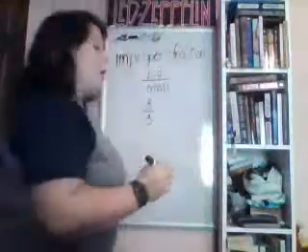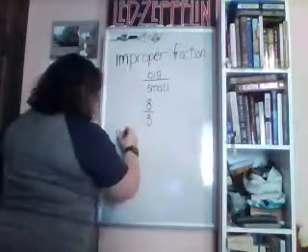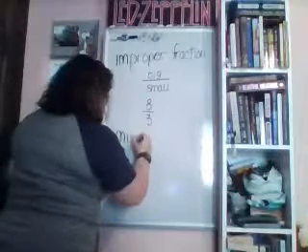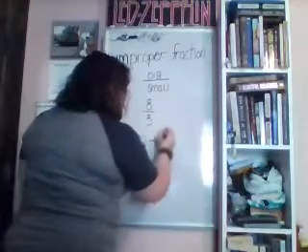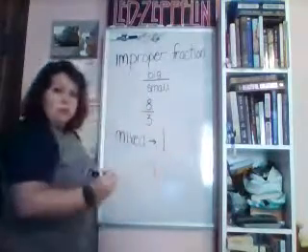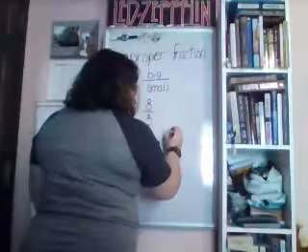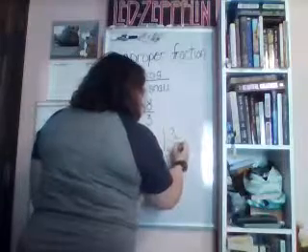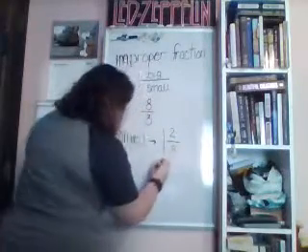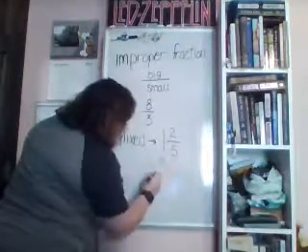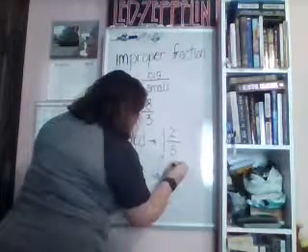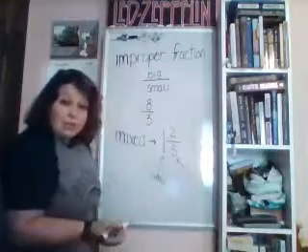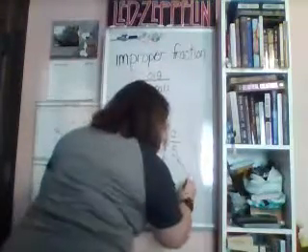The mixed fraction, if you remember, is when we have a whole number combined with a normal fraction that cannot be reduced anymore. So this is our whole number, and here's our proper fraction, we called it in a previous video.